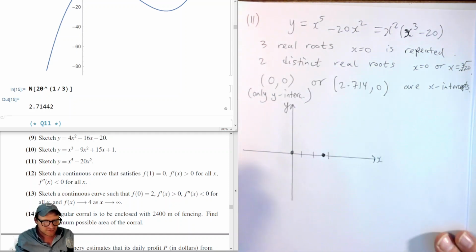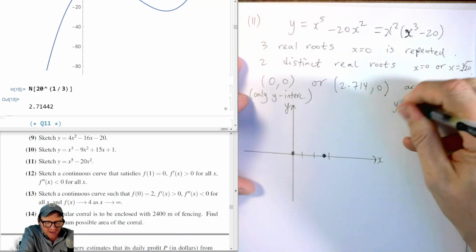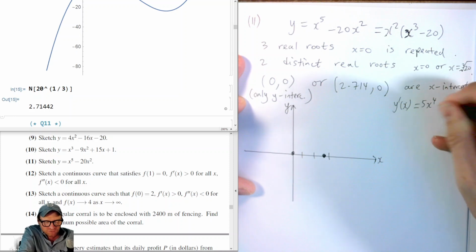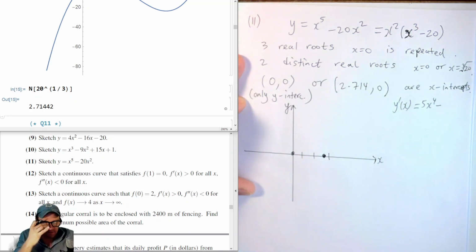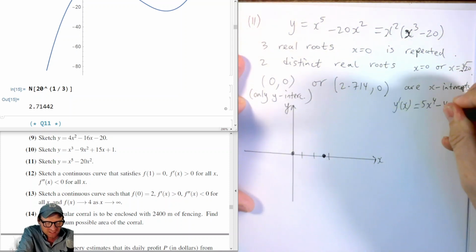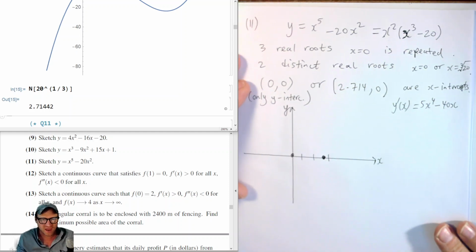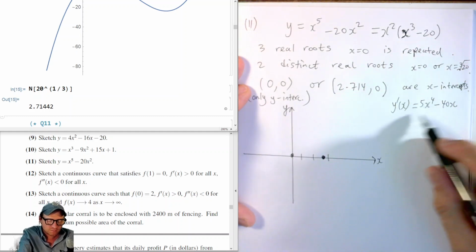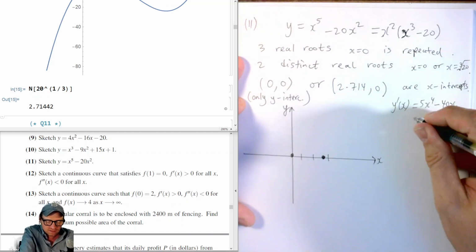All right, now let's seek other features. So y dash of x is equal to 5x to the power of 4 minus 2 times 20 is 40x. Okay, can we factorize this? Yes, they're both divisible by 5, and we can pull out a common x.